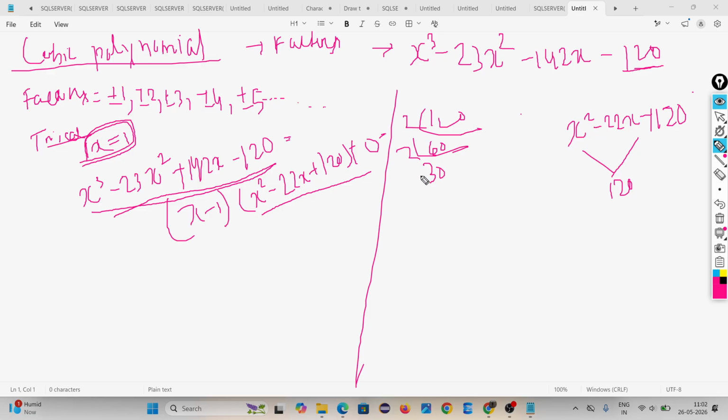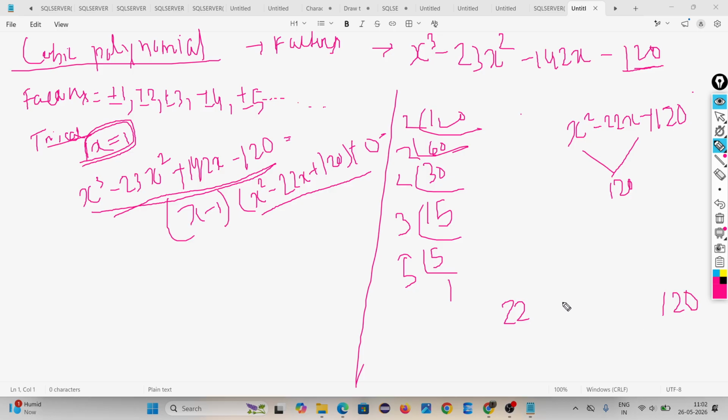Here I am applying splitting the middle term. We have to arrange these numbers so that when we add or subtract we get 22, and when we multiply we get 120.